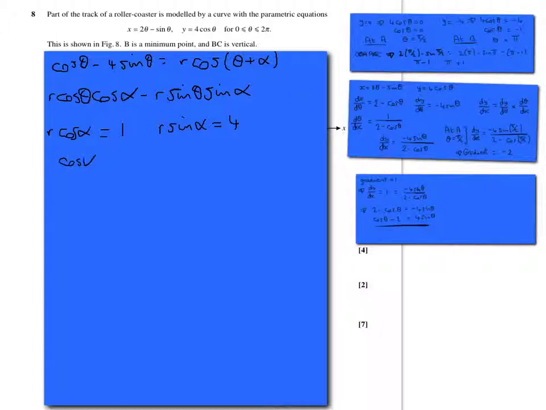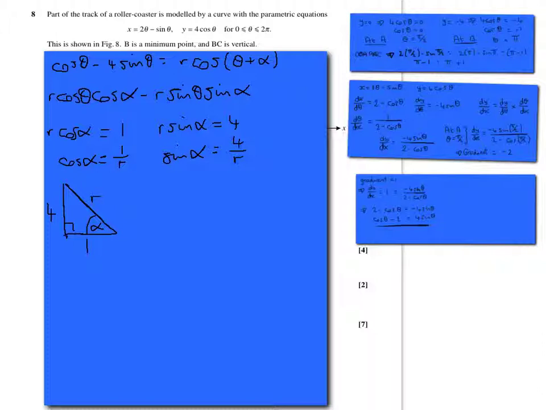Simplifying this gives cos alpha is equal to 1 over r, sin alpha being equal to 4 over r. Now we can look at this in the form of a right angled triangle, choosing one of the angles for alpha. Cos is adjacent over hypotenuse. Sine is opposite over hypotenuse.